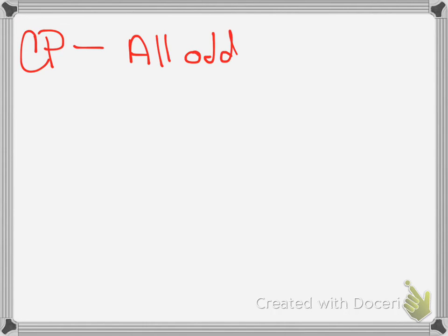Okay, guys? So, for my CP classes, I would like you to finish out all odds throughout the whole thing. So that means in these 4 pages, pages 1 through 4, you are to do all the odds.